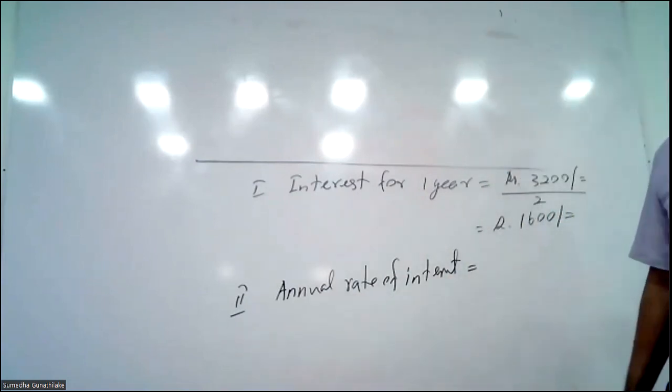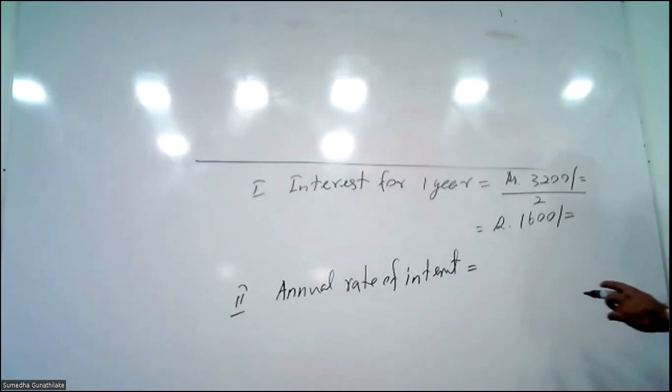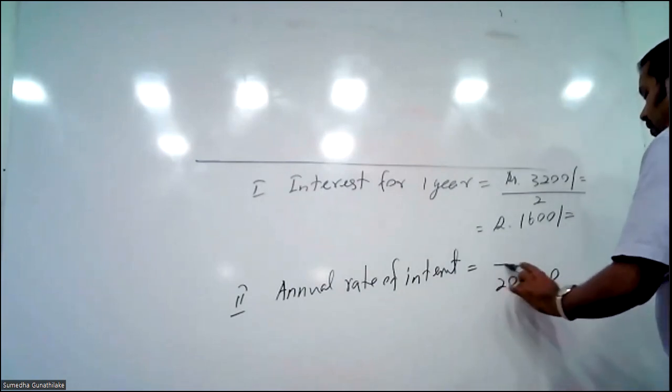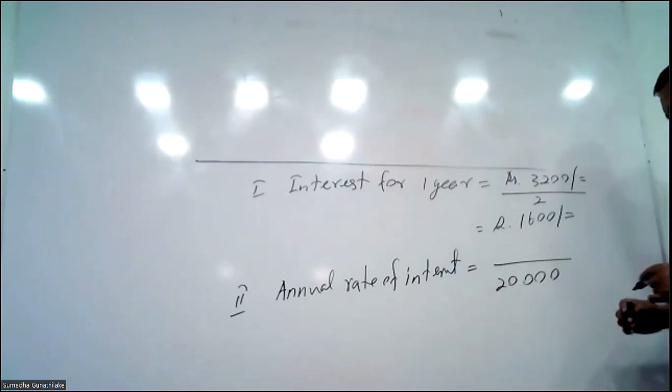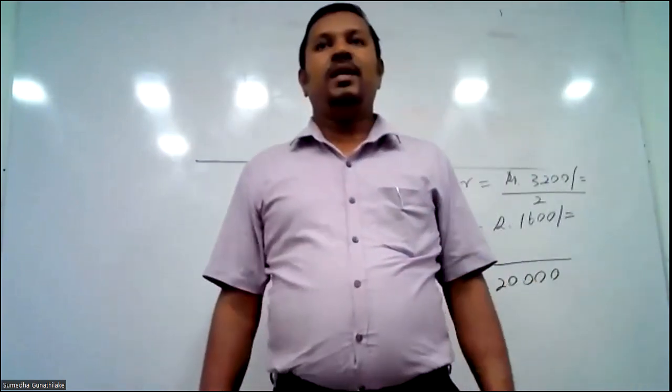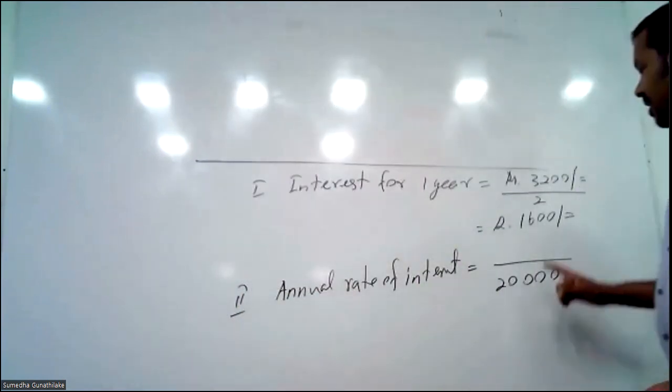Right? For the loan amount, 20,000. 20,000 is the loan amount. Or the interest per annum. Annum means year. Interest per year. That is 1,600.